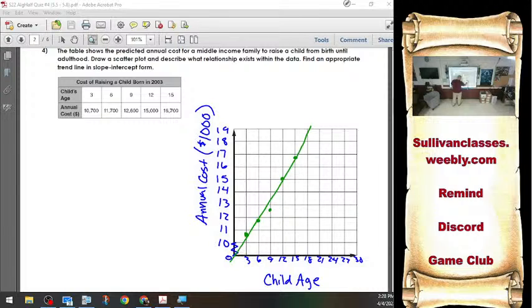If I wiggle it a little bit, I ended up going through this point, which is 6, 11,700, and this point at the end, which was 15, 16,700. Those are the points I went through. Doesn't have to be the points you went through.